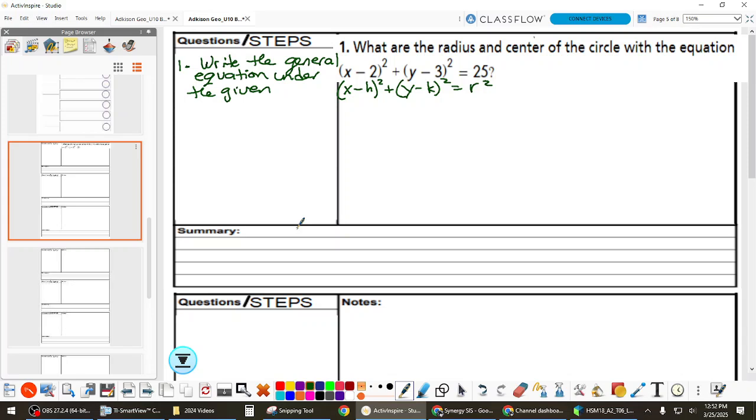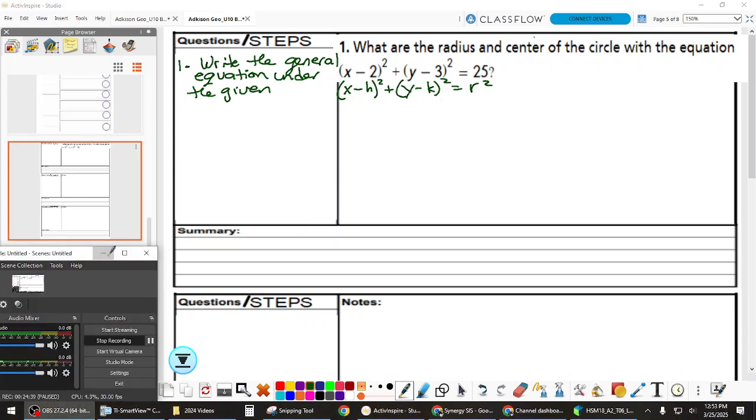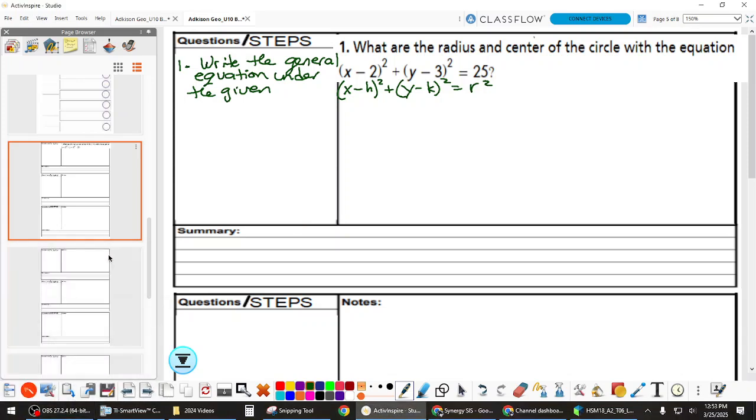So go ahead and copy that, exactly lined up. The reason why is because now we can see what h, k, and r squared are. You see what I'm talking about?